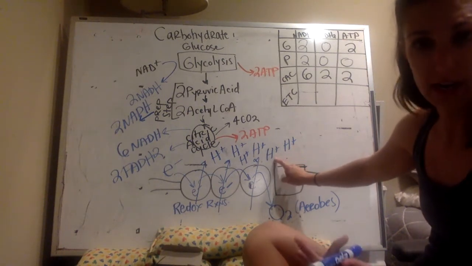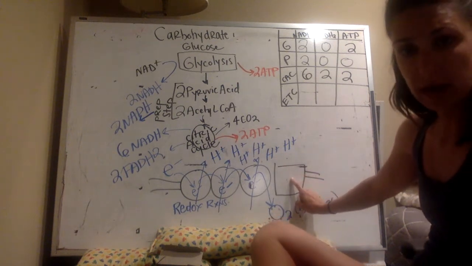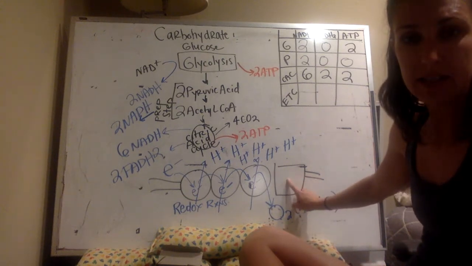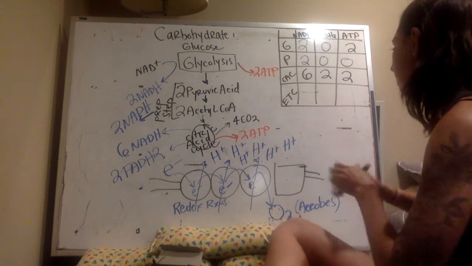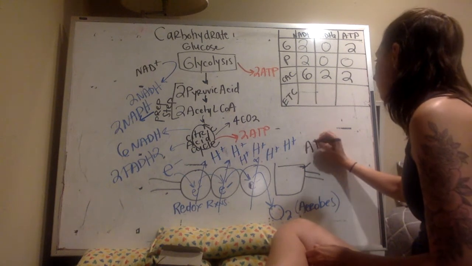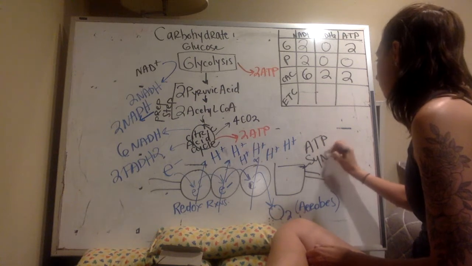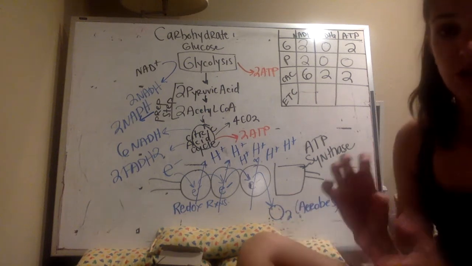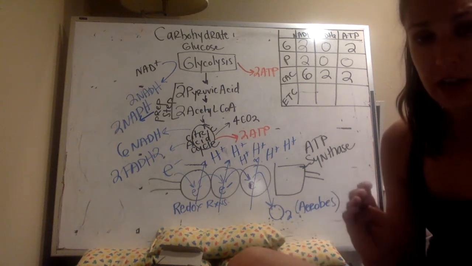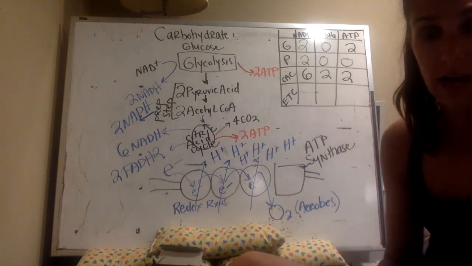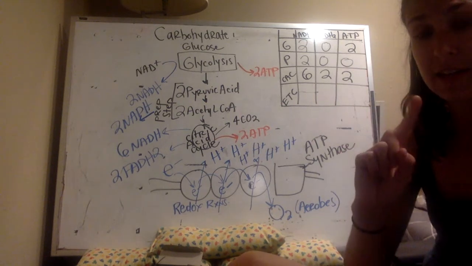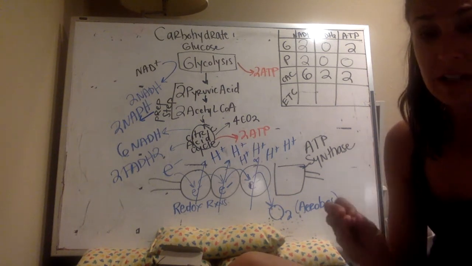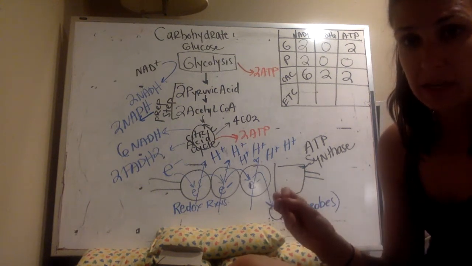All right, so why did they do that? Well, this box at the end, you may be wondering what this is. This is an enzyme called ATP synthase. ATP synthase structurally allows hydrogen ions to diffuse passively down its concentration gradient, and when it does that, it spins this turbine-like structure, and when that happens, it phosphorylates ADP into ATP.